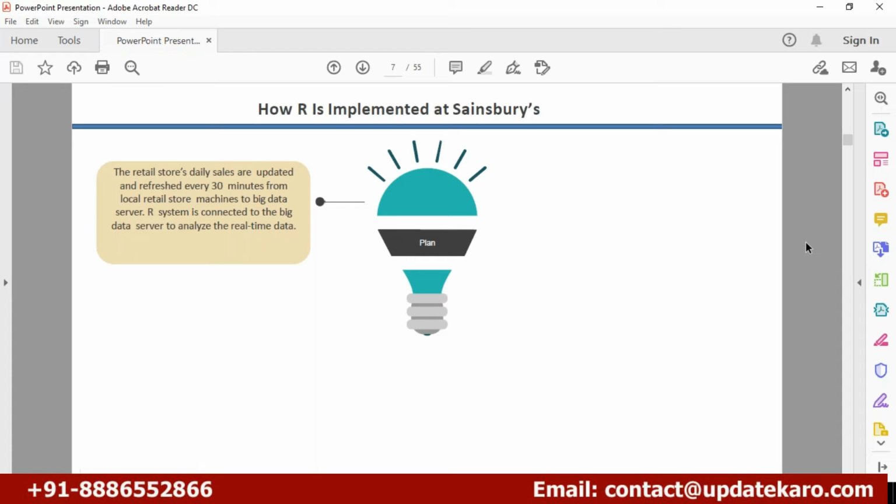How did R implement it at Sainsbury's? The retail stores' daily sales are updated and refreshed every 30 minutes from local retail store machines to the big data server. Our system is connected to the big data server to analyze the real-time data. Now you got it? Hope this answers your question.